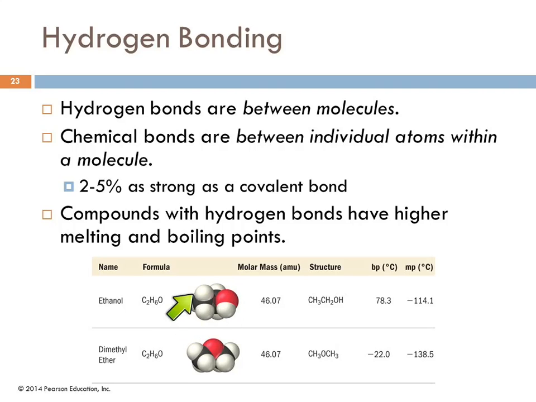Well, let's do this one first. Is ethanol polar? Does it look lopsided, like one end is different than the other end? Yeah. We've got an oxygen way over on the end here. This one might be a little harder to think about. So let's look at the Lewis structure for that.